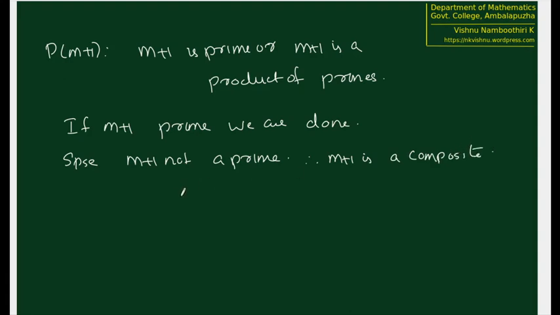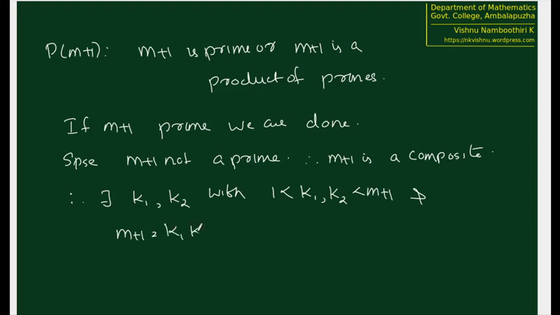That means m plus 1 can be written as a product of the form k1 into k2, where k1, k2 are not 1, not m plus 1. Therefore, there exist k1, k2 with 1 less than k1 and k2 less than m plus 1, and m plus 1 equal to k1 k2. Now we know that k1 is strictly less than m plus 1 and k1 is greater than 1.